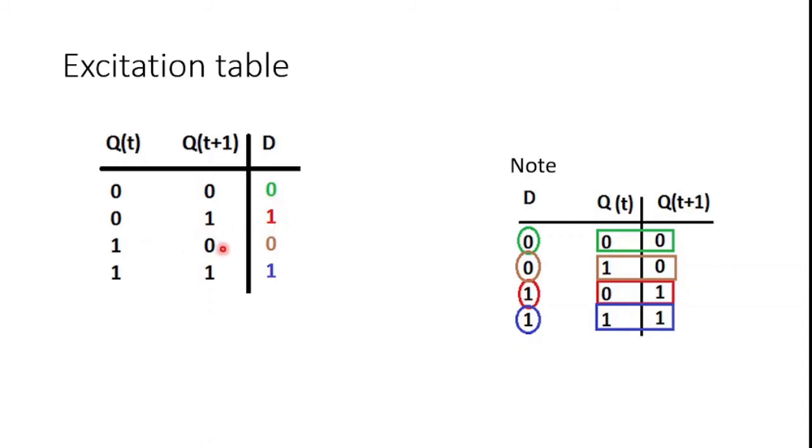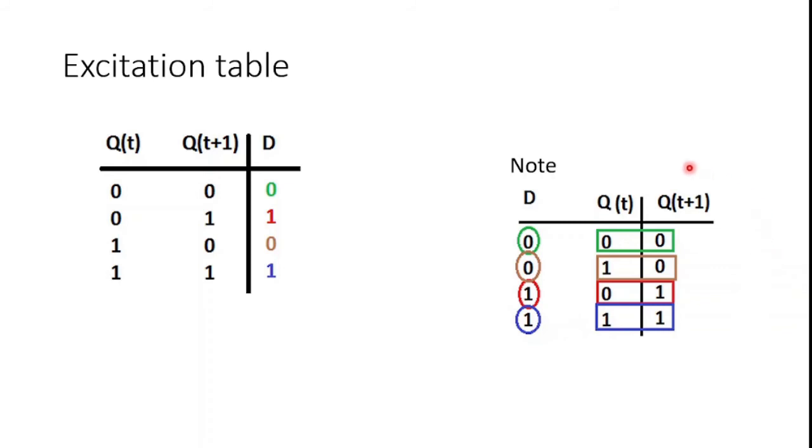And when Q(t) is 1 and Q(t+1) is 0, from this relationship we got D equals to 0, and we put down the 0 in here for D. And when both of these were equal to 1, then D was 1, just like this.